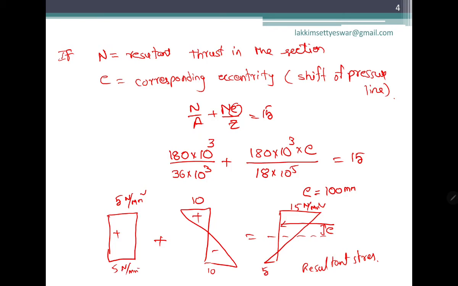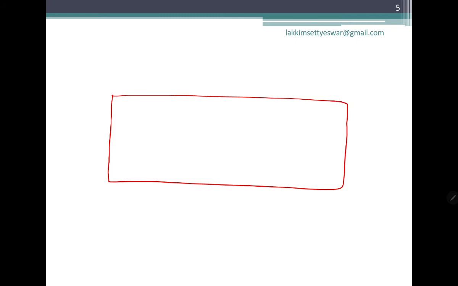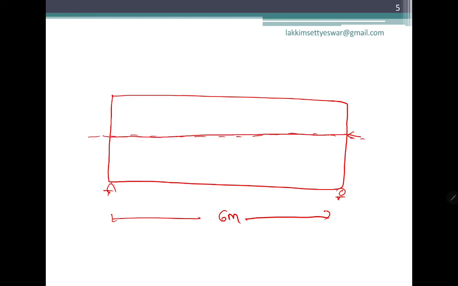Let's draw the locus of pressure line points. If this is a beam with a span of 6 meters, this is the neutral axis, and this is a pre-stressing member carrying a pre-stressing force.